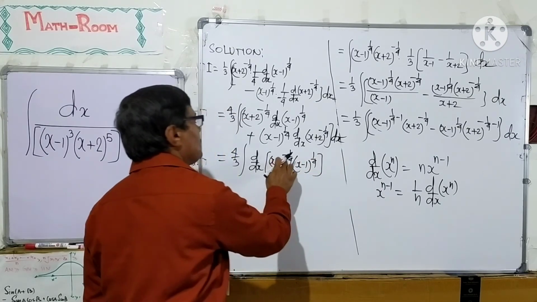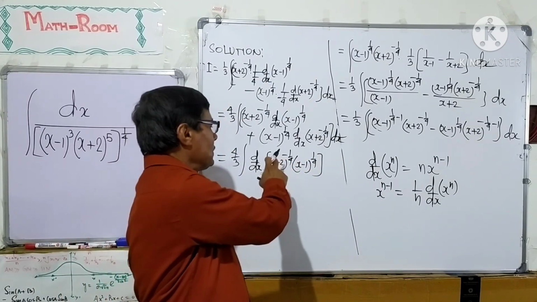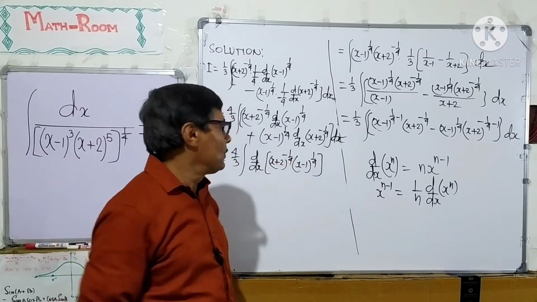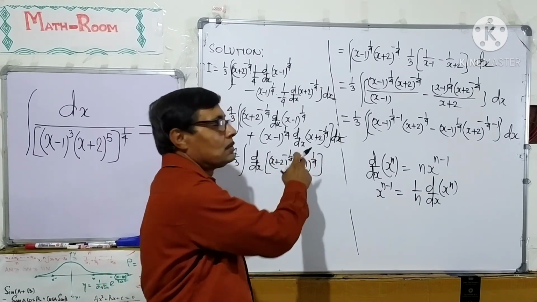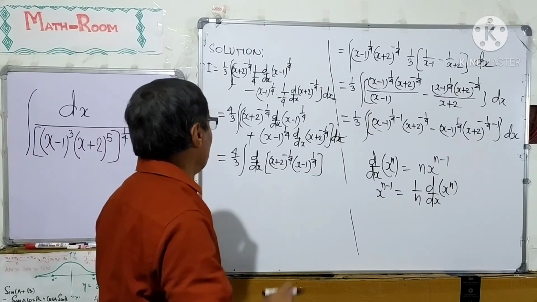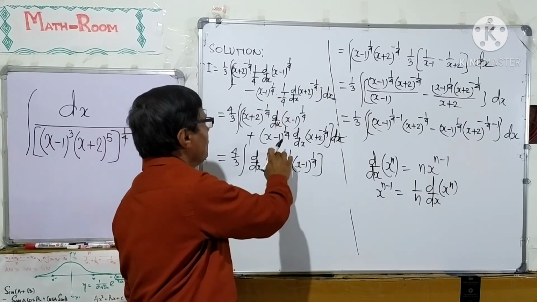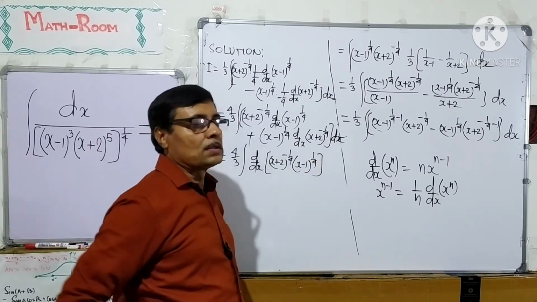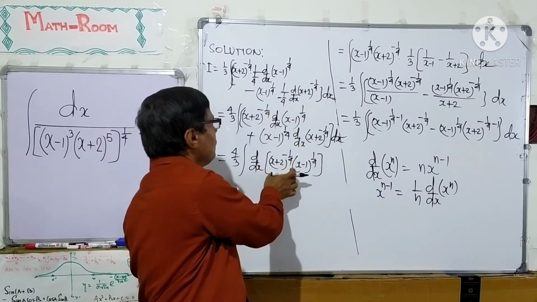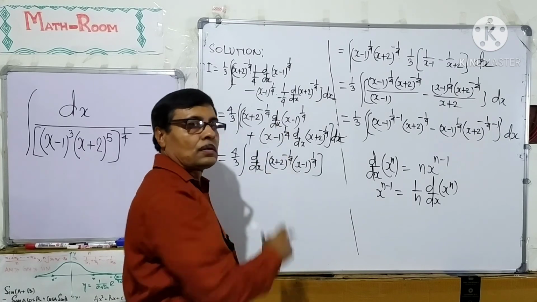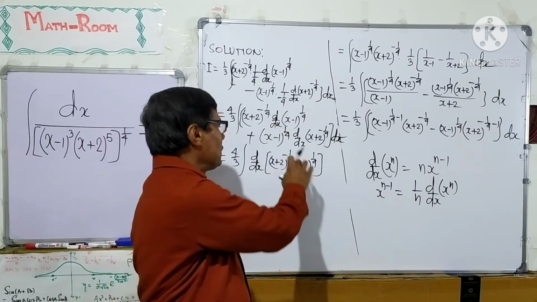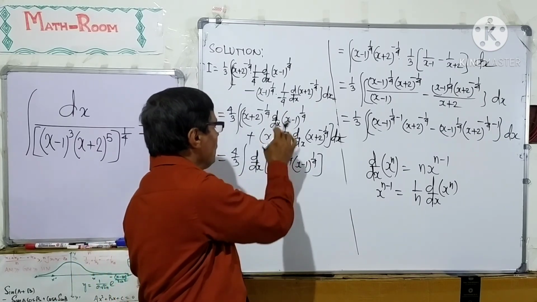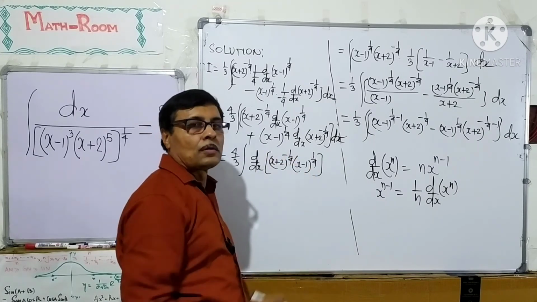These are two functions. These two functions are (x plus 2) to the power minus 1 by 4 and the other is (x minus 1) to the power 1 over 4. So this expression can be written as the differentiation of the product of two functions. This is the rule of the differentiation of product of two functions.